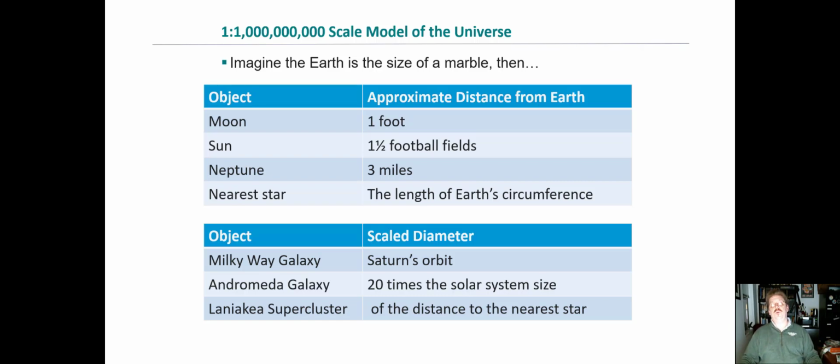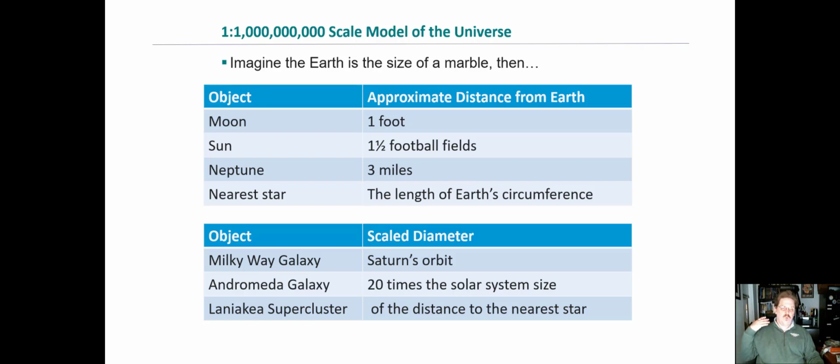The sun would be 1.5 football fields away from the Earth. And again, the Earth is the size of a marble in these terms. Neptune is 3 miles away, and the nearest star is the length of the circumference of the Earth's surface.